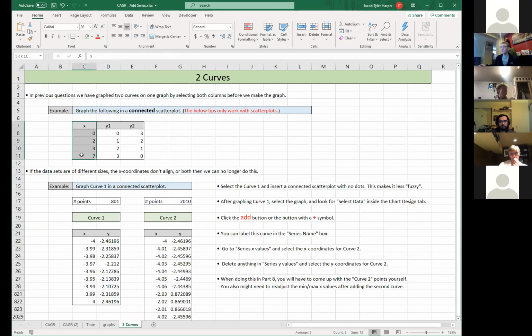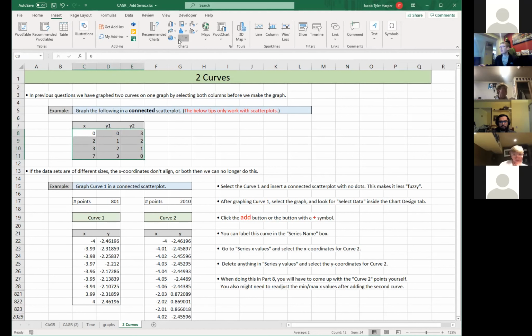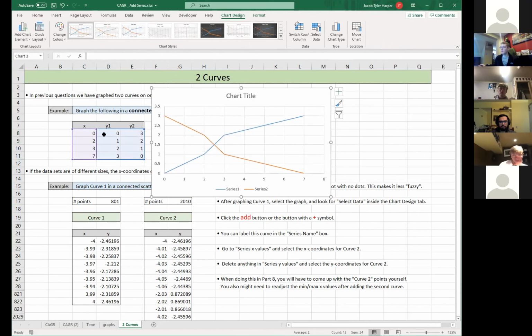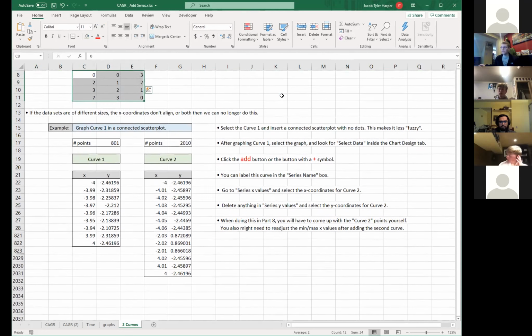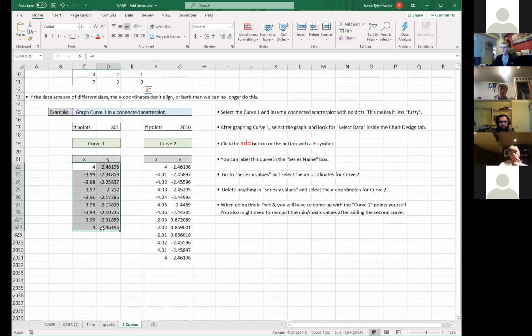So let's say we had these x coordinates and 2 pairs of y coordinates. This is very easy to graph because you just highlight them all. Let's say I want to make a connected scatter plot: you highlight them all, you click the button, and you're done. That is easy. We know how to do that. This is what's going to happen today. You're going to have one pair of points over here and another pair of points over here.